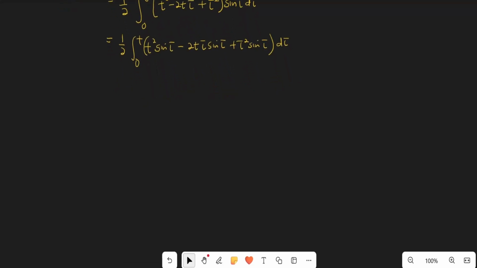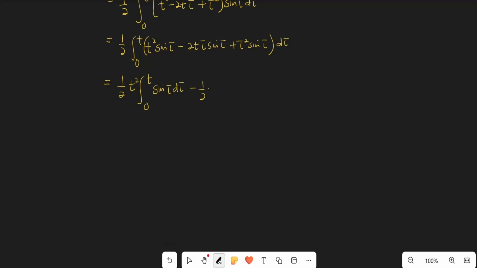I'm going to go ahead and split this one into three different integrals. So the first one is going to be 1/2. So we are integrating with respect to tau, right? So the t's are constant. So this t squared, I'm going to pull it out of the first integral, and I'm going to have the integral from 0 to t of sine of tau d tau. This is the first integral. The second one is going to be minus 1/2, and then this 2t is a constant.